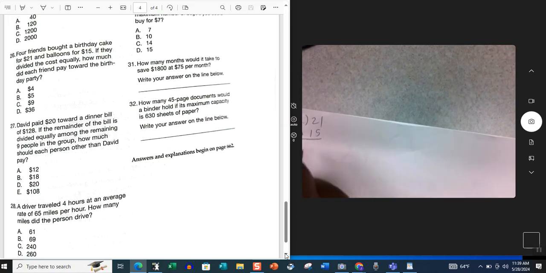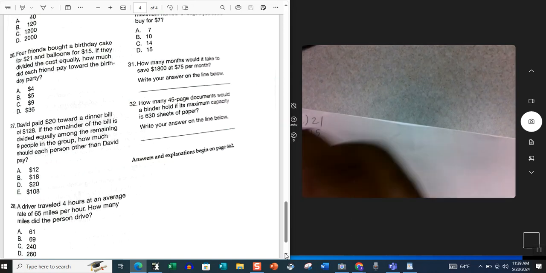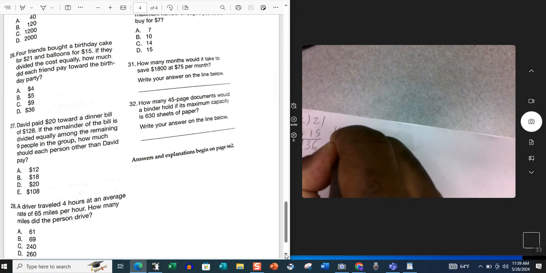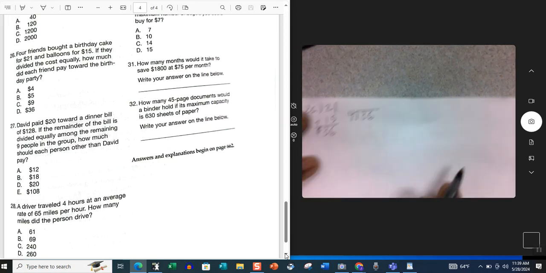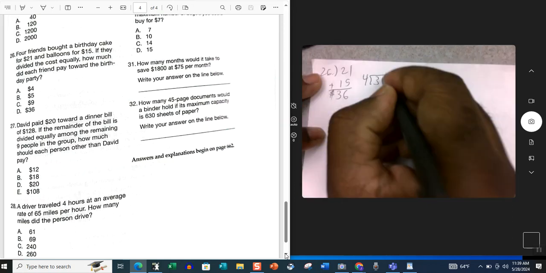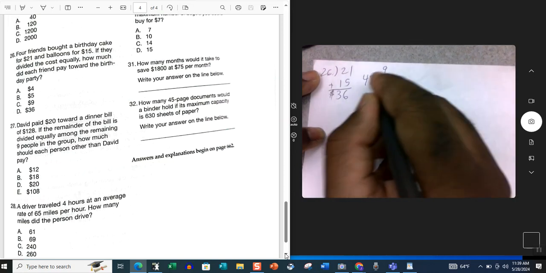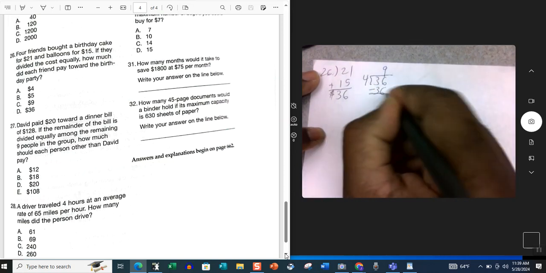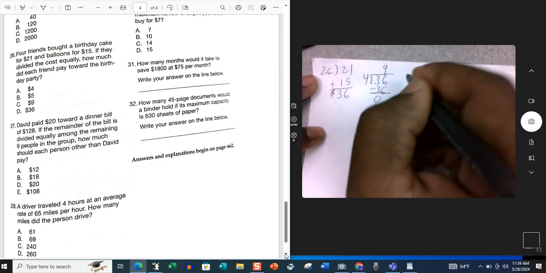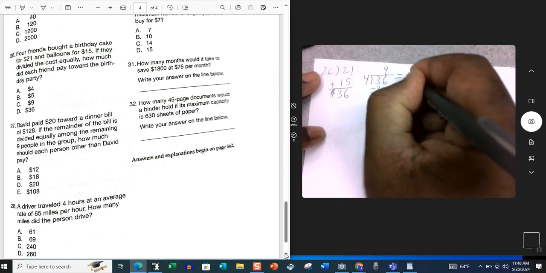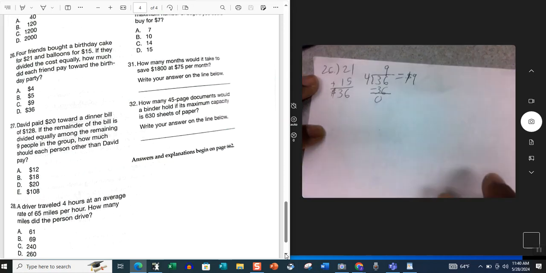So it's $21 plus $15, which is $36. And then we want to evenly divide this by 4 people. So we could take 4 into 36. 4 goes into 36 9 times. 9 times 4 is 36. There's no remainder. So each one of them would pay $9. So since each one of them pays $9, your answer here would be C.